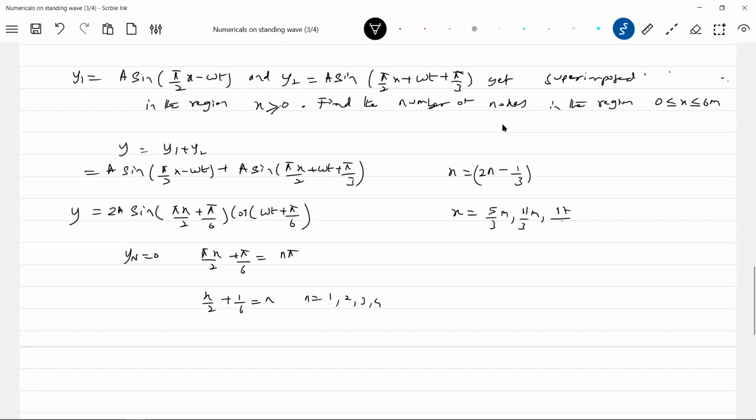Next position 17 by 3. This will be the position of the nodes. He's asking how many are there from 0 to 6 meter. I think 0 to 6 meter, where will we end up? I think this one only. So how many nodes are there? 3. You will get plenty of nodes, but he's asking the region x equal to 0 to 6 meter. So try to look at this one.